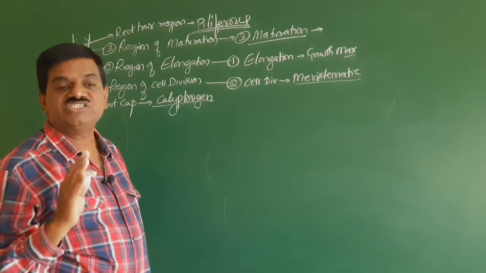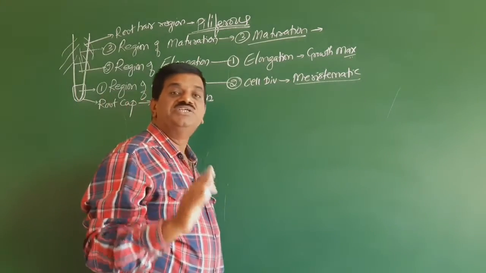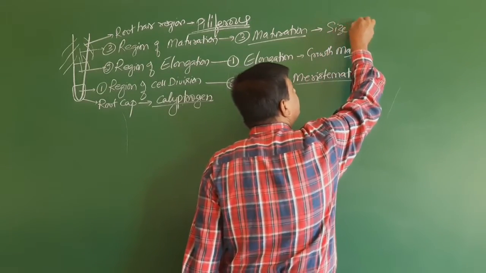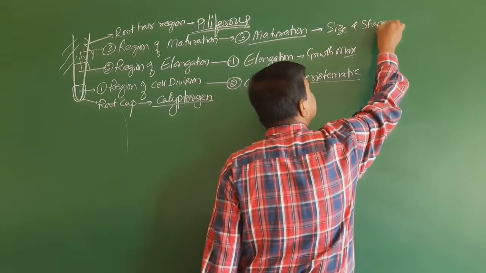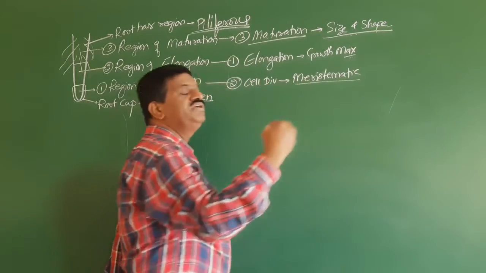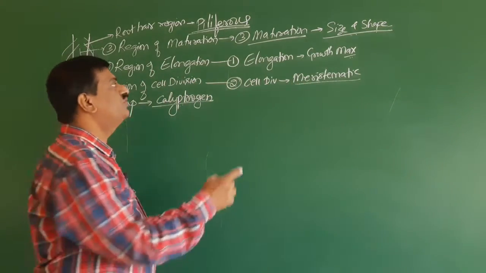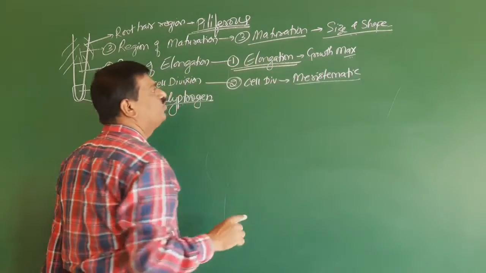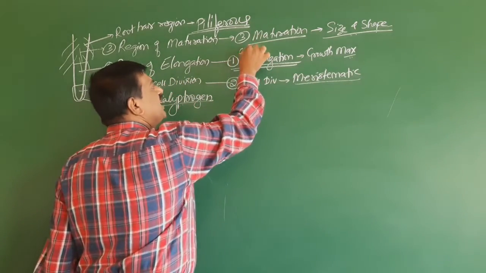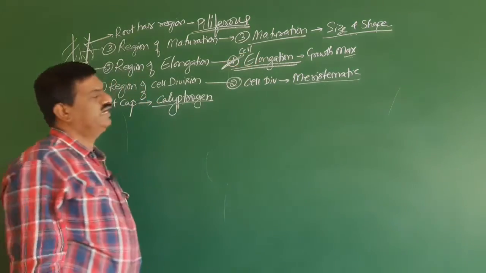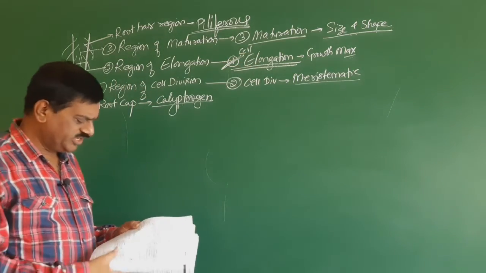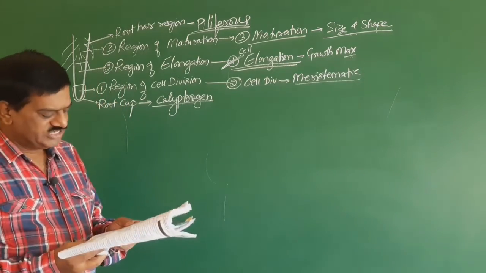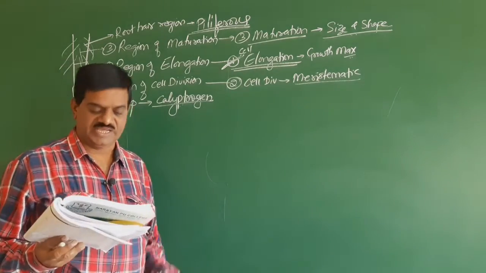Once the cell attains maturity, it has a definite shape and size. So there is no increase in the size of a cell, and growth cannot be noticed. Only in cell elongation can growth be noticed. So this is the right answer. The first option is right. The fourth one is all the above. So the right answer is cell elongation.